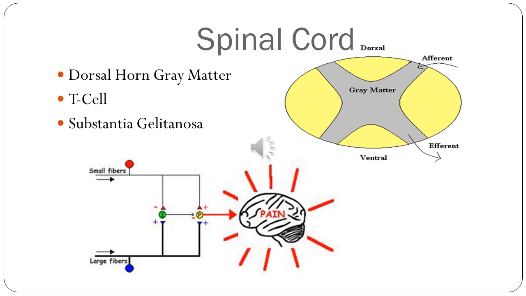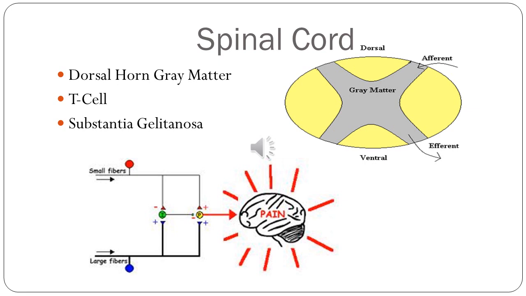There's a structure located in the dorsal horn of the gray matter in the spinal column known as the substantia gelatinosa. The substantia gelatinosa is the structure that, if stimulated by other large sensory fibers, such as the A beta fibers, basically interferes with the pain transmission.